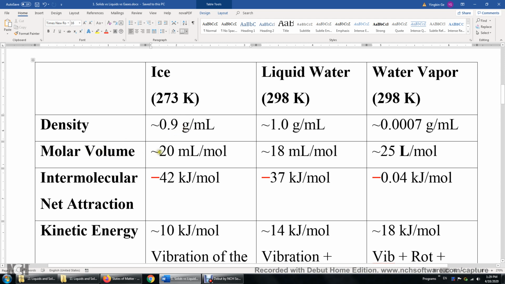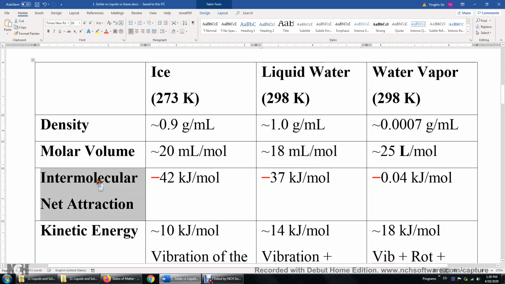The molar volume of ice and liquid water is roughly 20 or 18 milliliter per mole respectively. What about water vapor in the gas phase? 25 liters. 1 liter is 1,000 milliliters. Therefore, the molar volume of water vapor is at least 1,000 times greater than that of liquid or solid.